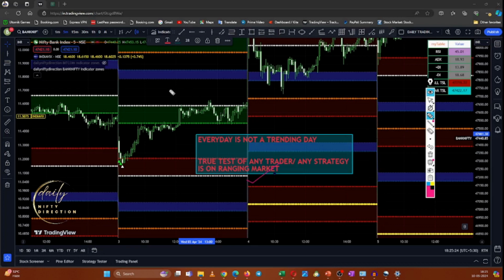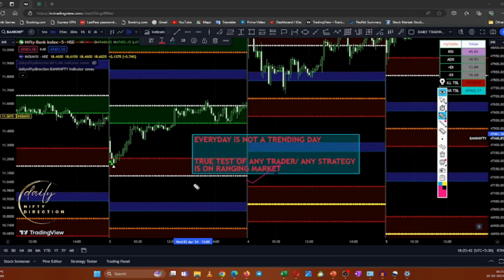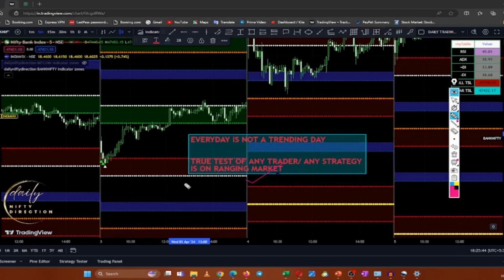But if you want to be ahead of all of your peers, or if you truly want to be successful in intraday trading, you need to master the art of trading in range bound markets.